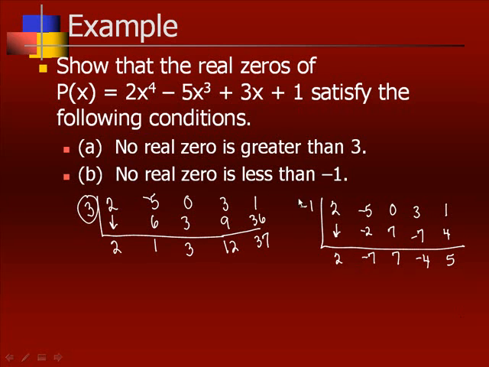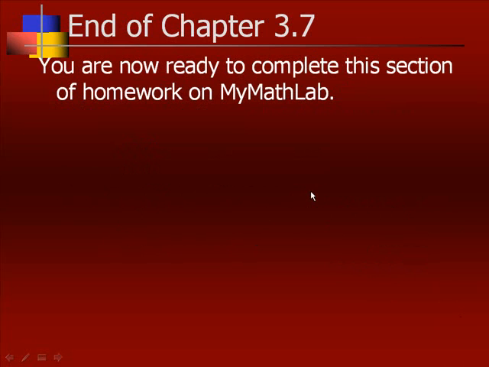So because we did synthetic division by a negative number, and we got positive, negative, positive, negative, positive, that means -1 is a lower bound, so we don't have to try any numbers less than -1. You are now ready to complete this section of homework on my MathLab.